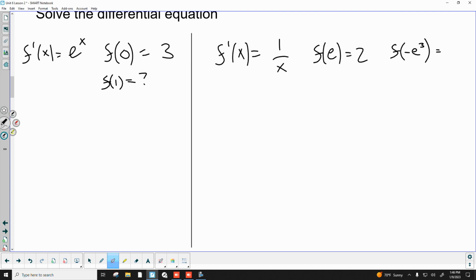Two different questions here. All right, the goal is to try to trick you over here on the left, not with the antiderivative, but with the plugging in 0.